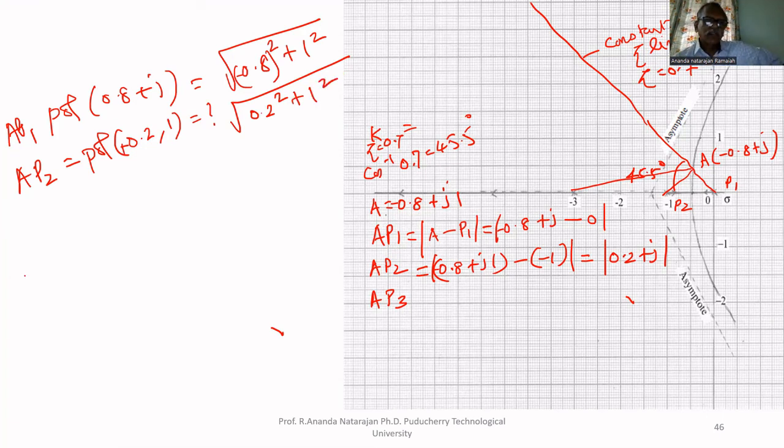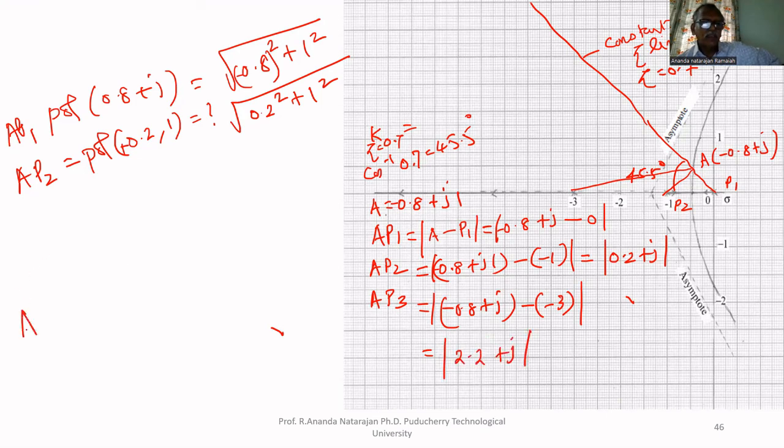This way also you can find AP3 equal to what? AP3 equal to minus 0.8 plus j minus of minus 3. Next pole is at minus 3. Therefore, what you will get is 2.2 plus j.